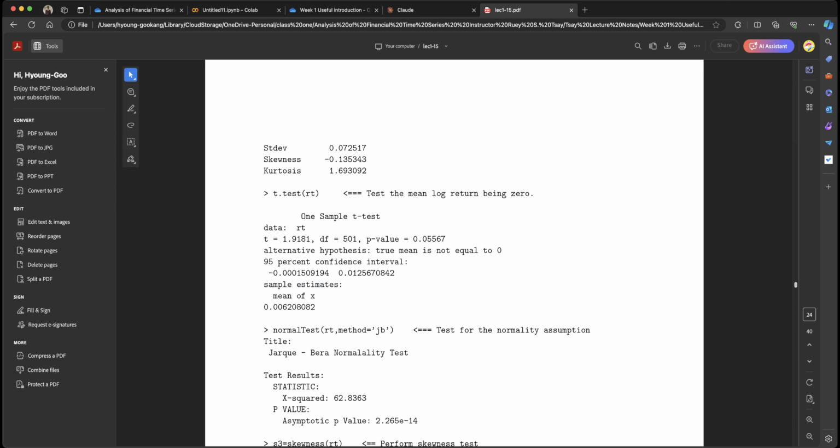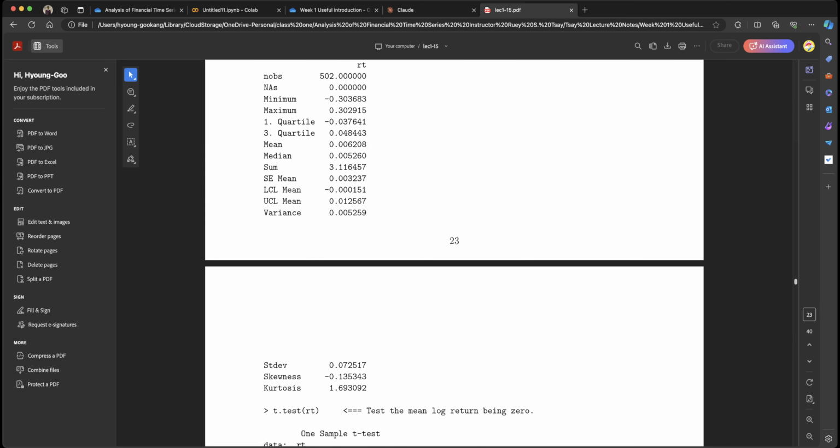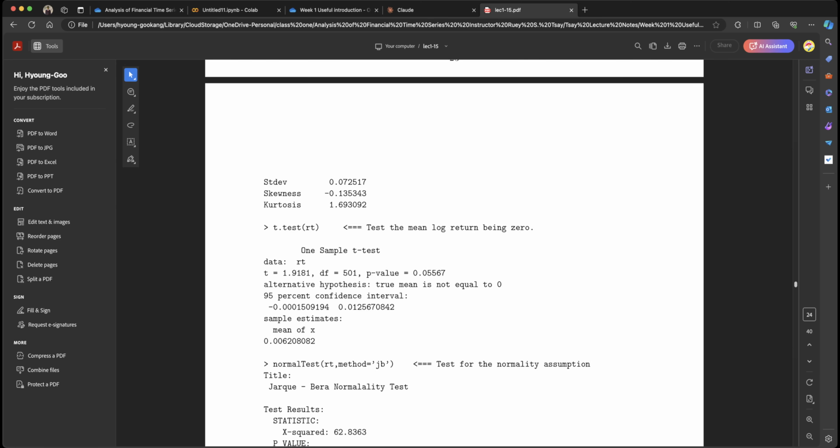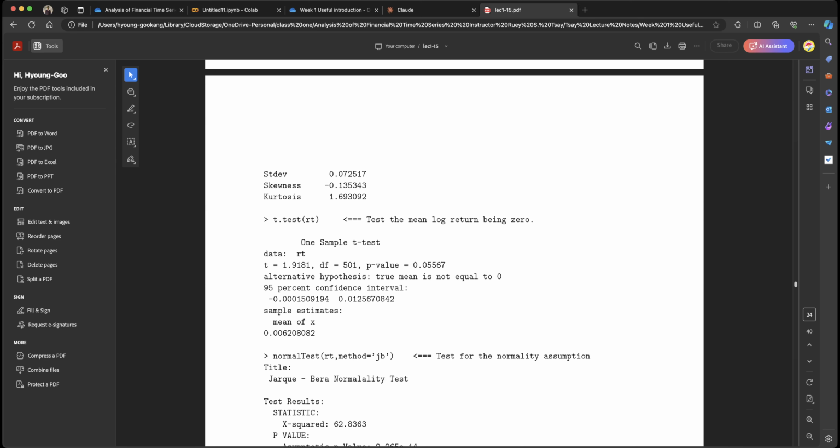So we cannot reject the null hypothesis, meaning 0 here, because 0 is inside this 95% interval. Even though the mean is about 0.6%, statistically speaking, 0 is in the 95% confidence interval, so we cannot reject the null hypothesis.